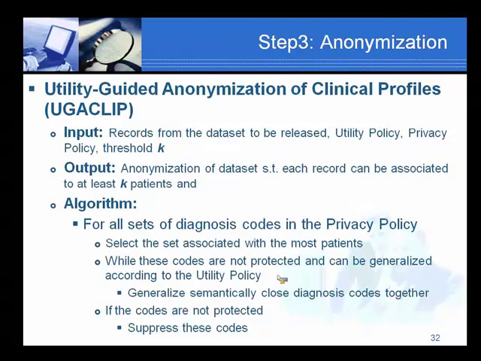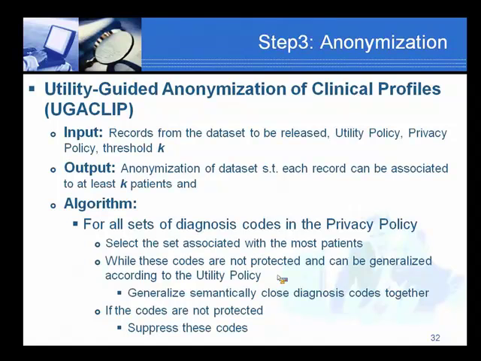It gets a set of codes that needs to be protected, and then it applies generalization to the ICD codes. The way the generalization is applied is according to the utility policy. So basically, we generalize together things that would still be useful when generalized.